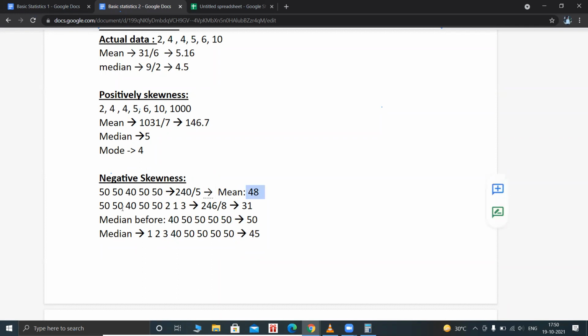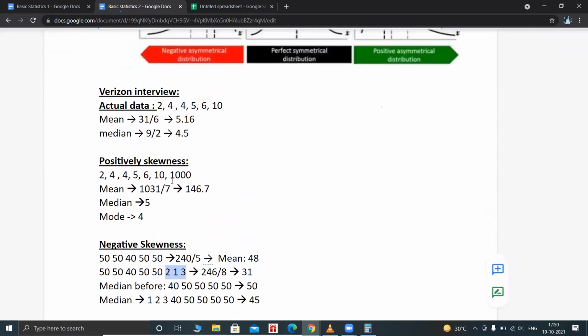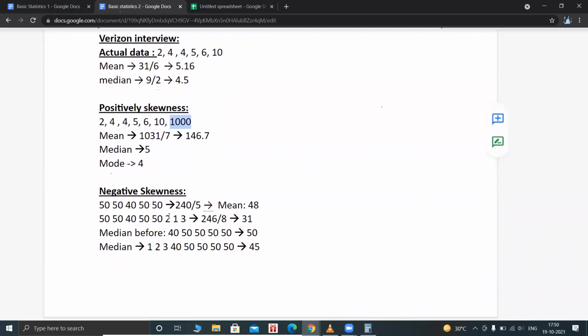In the earlier case I added only one higher number, but now I add low numbers. The actual data points are around 50, 40, something like that. But if I add low numbers such as 2, 1, 3, what is the mean, guys? It was 246 by 8, about 30.7, so it was 31.